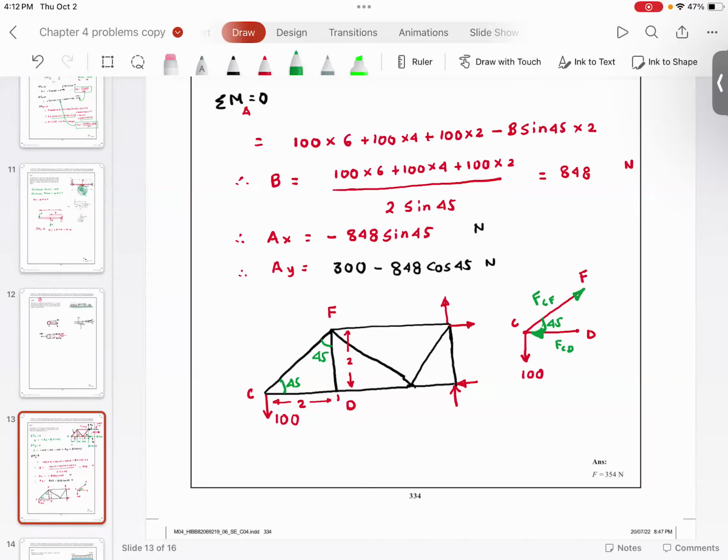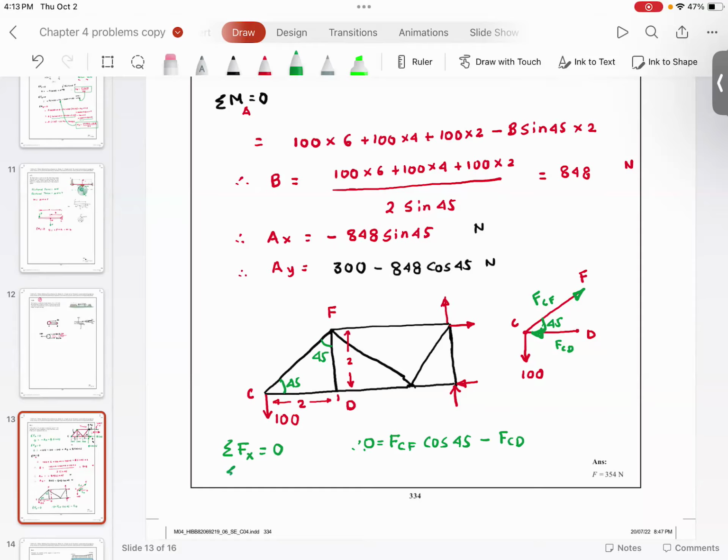I apply summation of forces at joint C is equal to 0. Summation of forces in the x direction is equal to 0. So I have FCF cosine 45 minus FCD is equal to 0. Can you see that FCF, if I take the cosine component of it, FCD is going towards the left-hand direction.